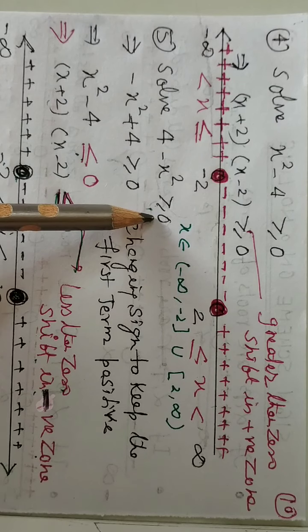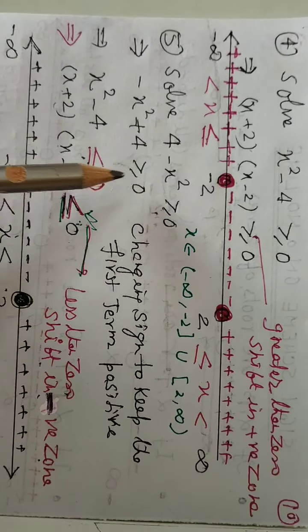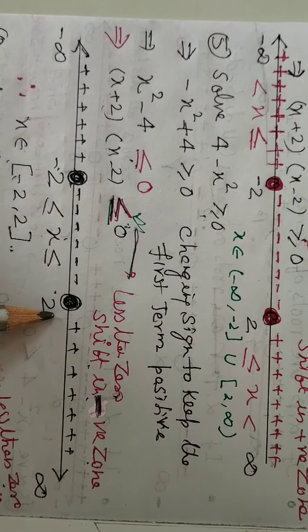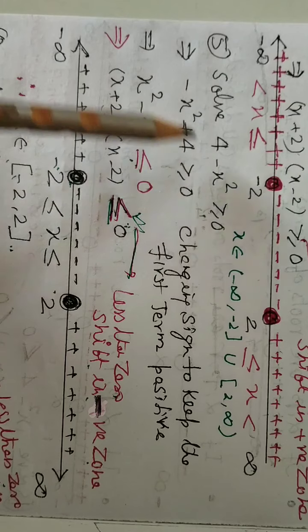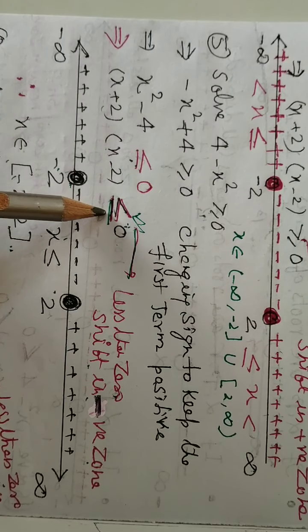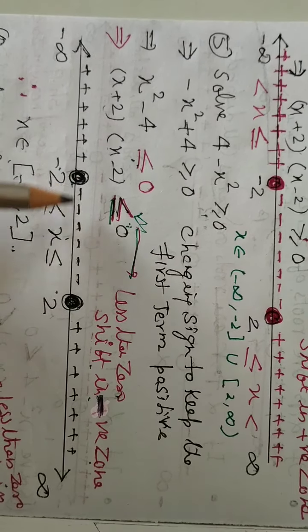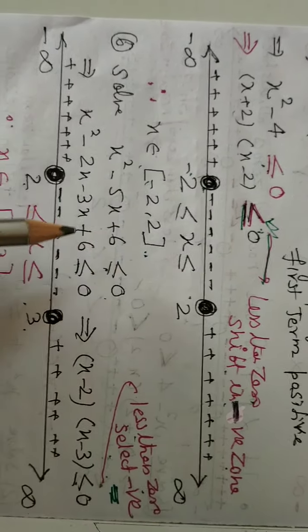Again greater than or equal to 0. Equal to 0 means we have to take both minus 2 and 2. We have started from greater, remember it. But due to sign change in between, we got smaller than 0, which means we need negative. So your answer lies from this to this.